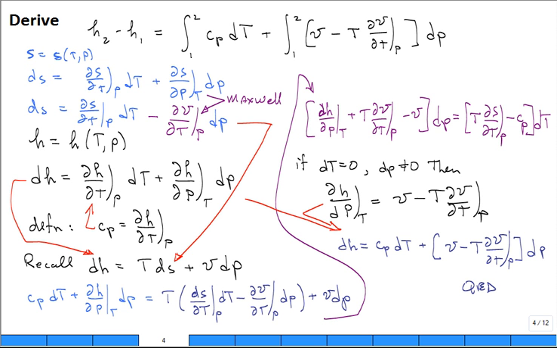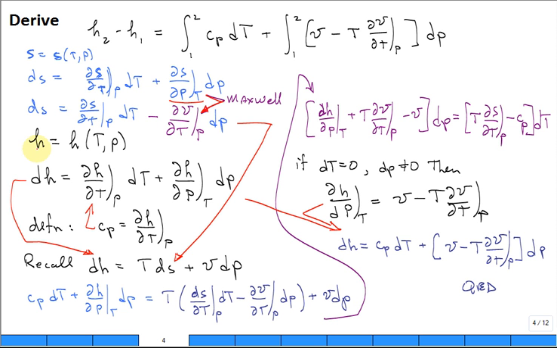Then through the chain rule, dS is equal to the partial of S with respect to T, holding pressure constant, dT plus, and so on. You use one of Maxwell's relationships to change out this part right here. So there you go, now we have dS equal to a function. Stop. Do that for H.